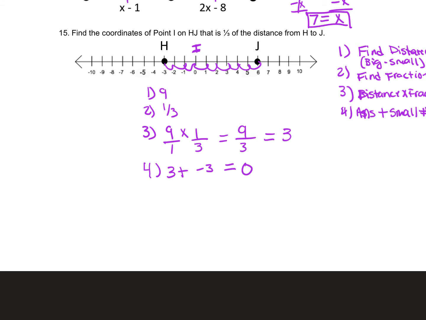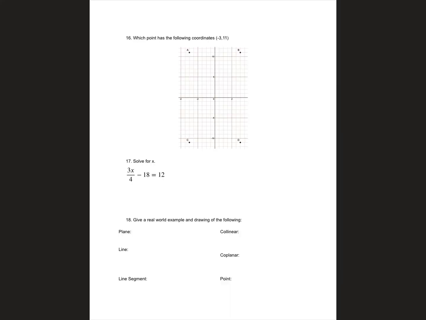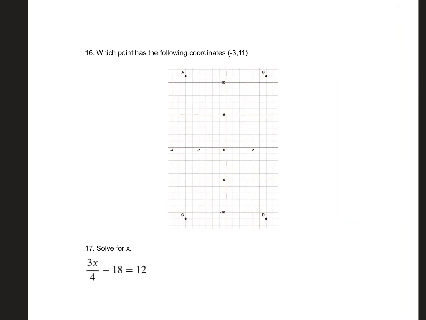All right, let's head to the last page. All right, so looking at question 16, it says which of the following points gives the coordinates -3, 11. And so what we have to remember here, y'all, is that we are in an x, y plane, and our x means left to right, and our y means up and down.